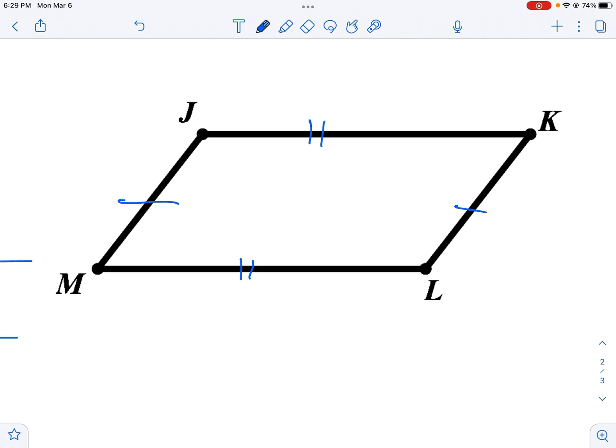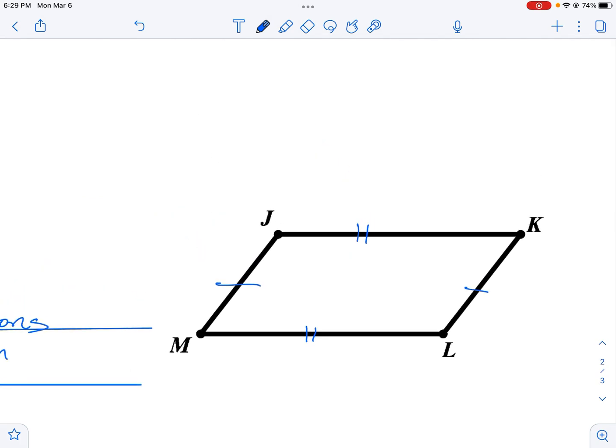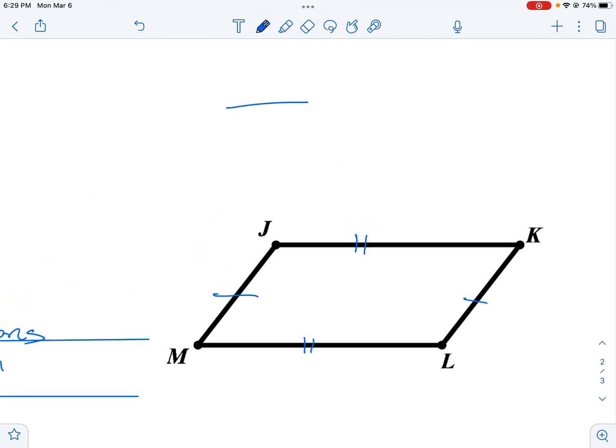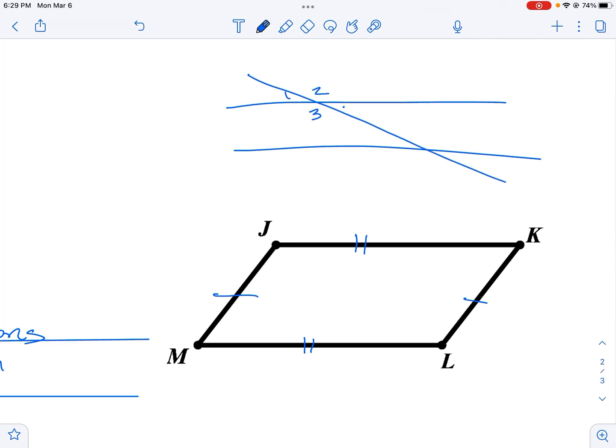Well, how do you prove that sides are parallel? Well, you got a few options. You got a couple lines, and there's a line coming through. You can prove a few different options. Let me put some numbers on here. Basically, you can prove any of the inverse definitions for parallel lines that we have in our notes there.